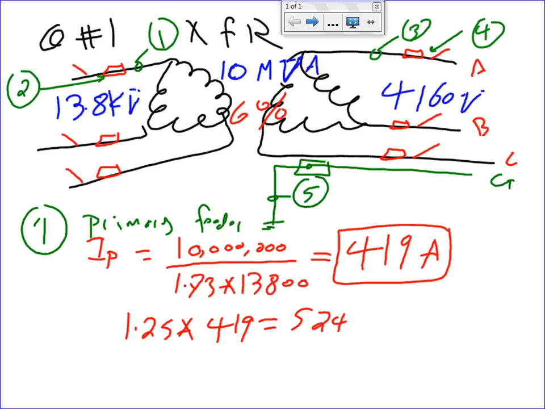Okay, 524. And we said yesterday we're going to grab this amp wise and go to table 310.69. Under which column? You can go to 105 or 90, but go 90 always.